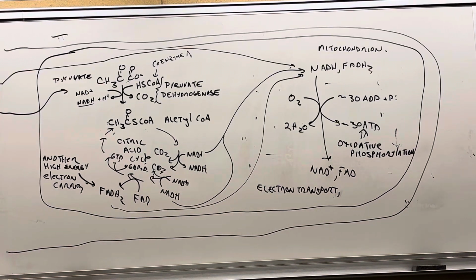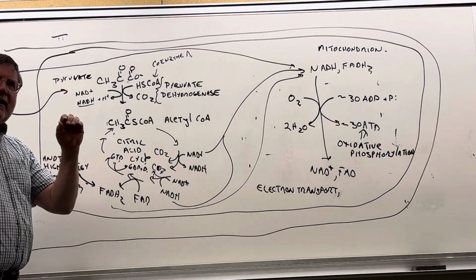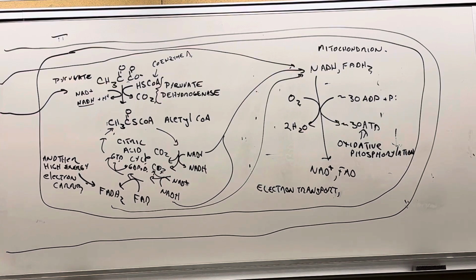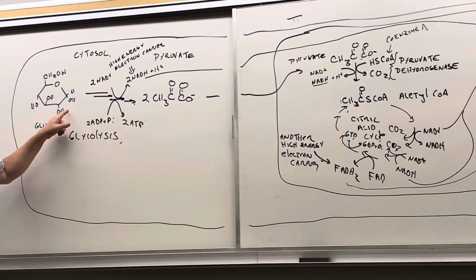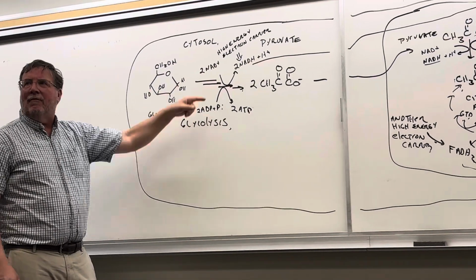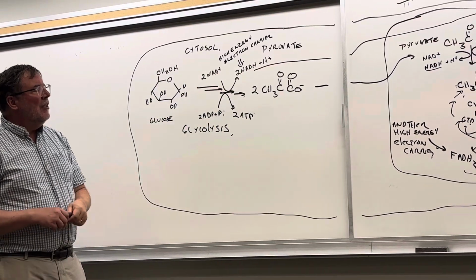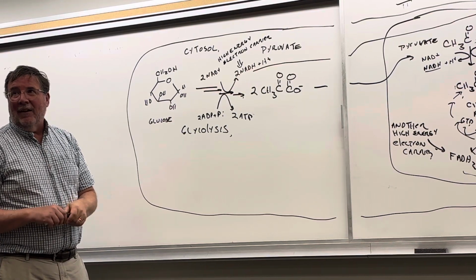So you strictly derive your ATP from glycolysis. You can do this fast enough, without oxygen, that you can generate enough ATP until your glycogen runs out, and then you're kind of done.